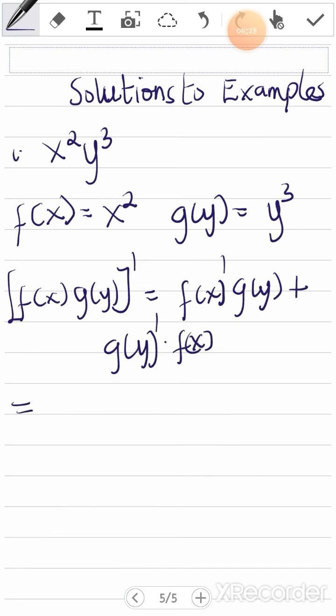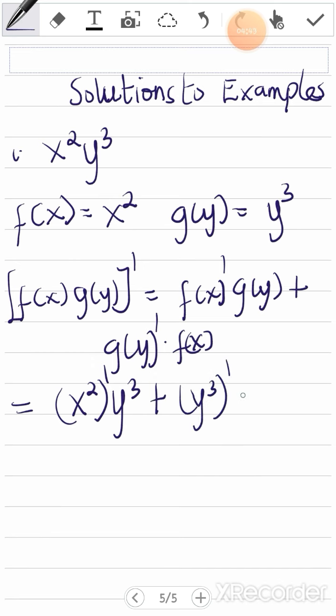With the same approach, x squared will be differentiated times y cubed plus y cubed will be differentiated times x squared.